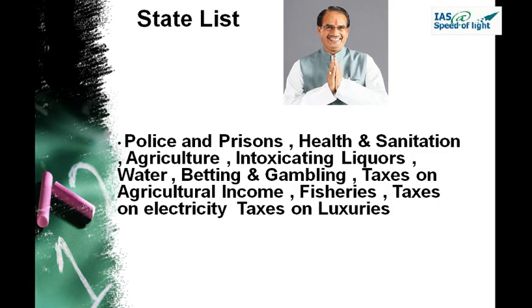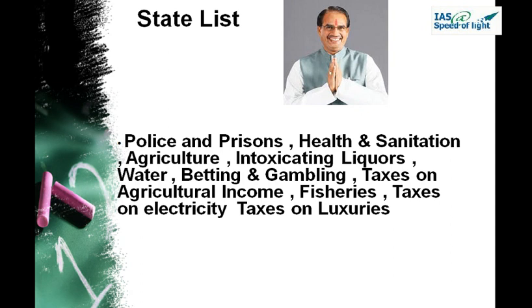Now let's come to the state list, and our picture for the state has to be the CM of that state, that is Shivraj Singh Chauhan, the Chief Minister of Madhya Pradesh. So police and prisons. You can see Shivraj Singh Chauhan has been named in some of these scams, and because of those scams he has been taken to prison by the police.